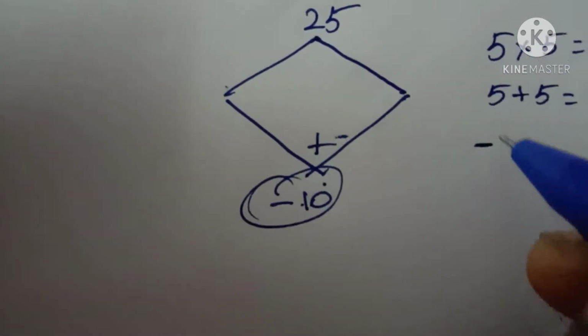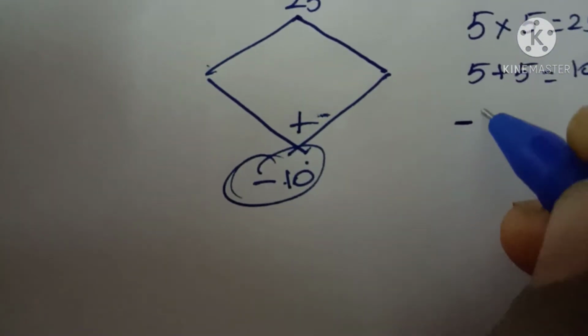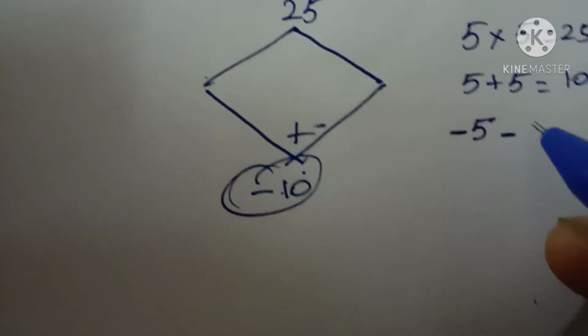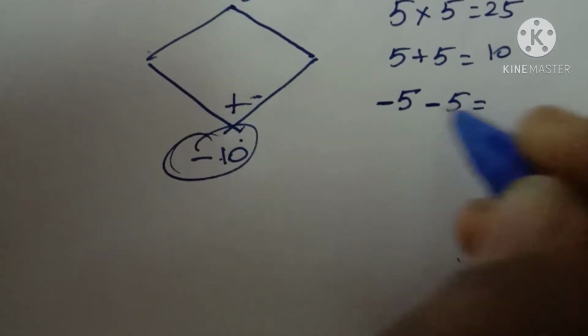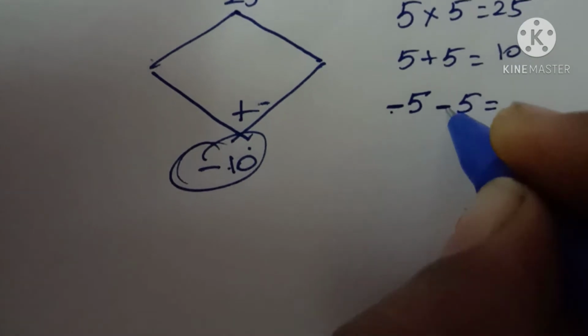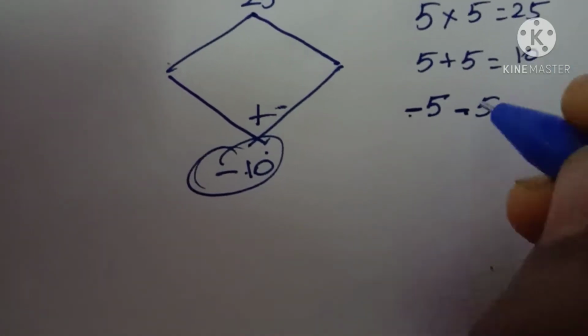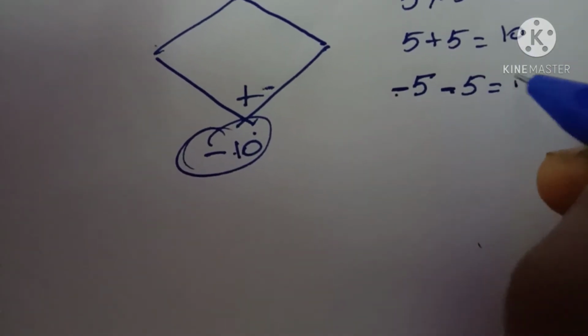So change the sign for the factor: minus 5, then minus 5. So minus 5 into minus 5 is plus 25.